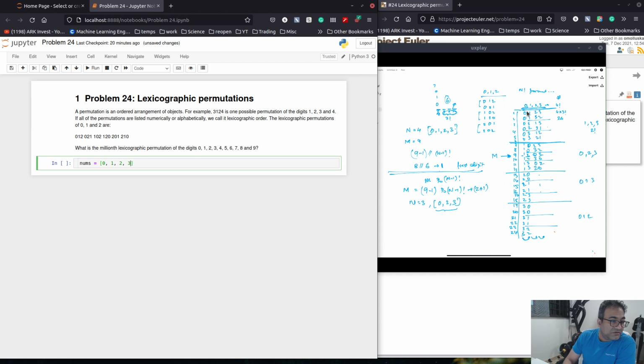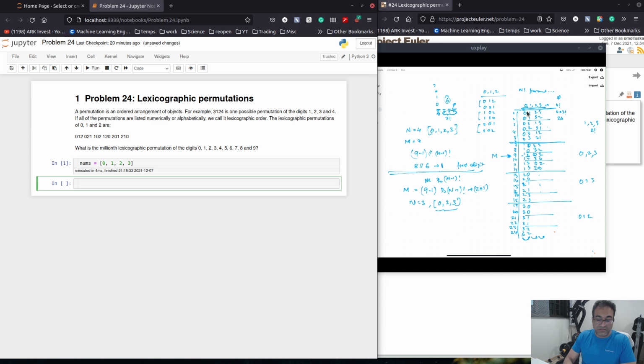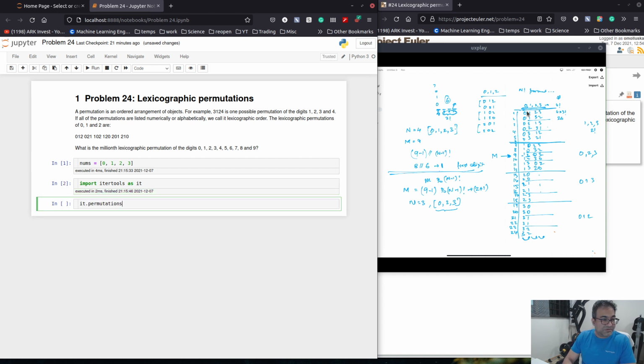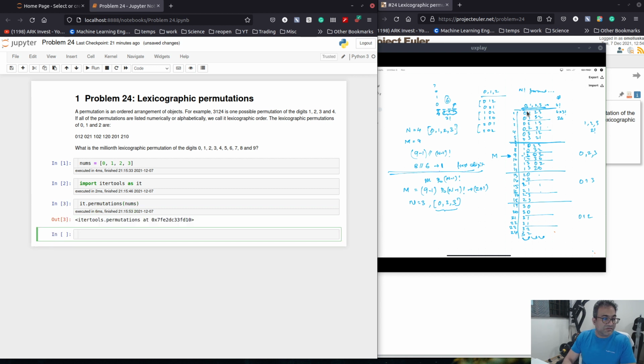Okay, and the important thing is itertools.permutations of nums will give you all the permutations.